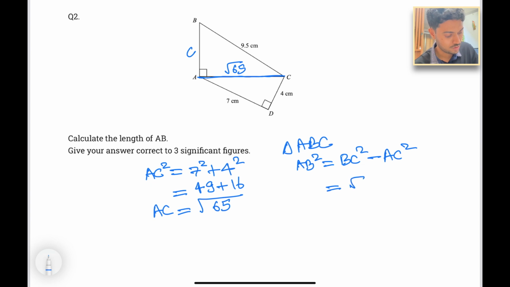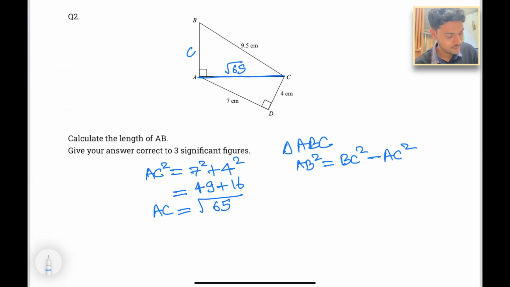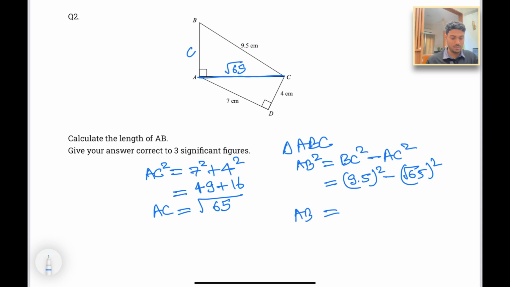So BC square is going to be 9.5 the whole square minus root 65 the whole square, which is 101 by 4. In decimal we have 25.25.